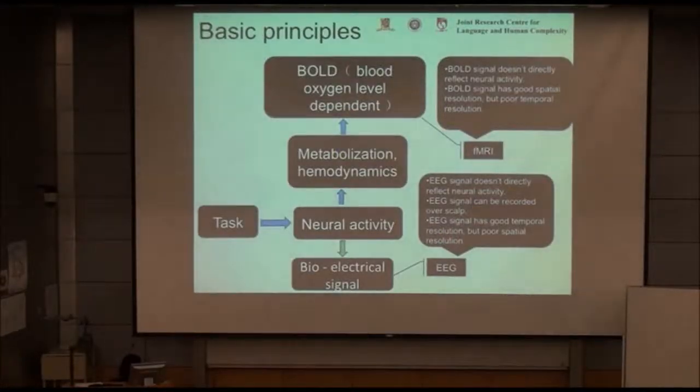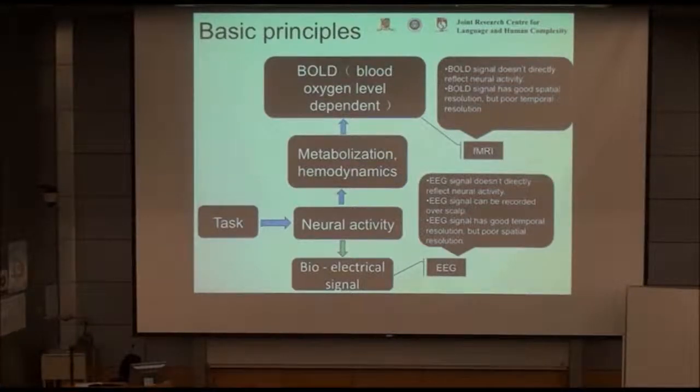Okay, here are the basic principles of these brain imaging techniques. So given a task, we use our brain to think about the problem, to do the task. Without the brain, we cannot do it. So the task induces some neural activities, right?